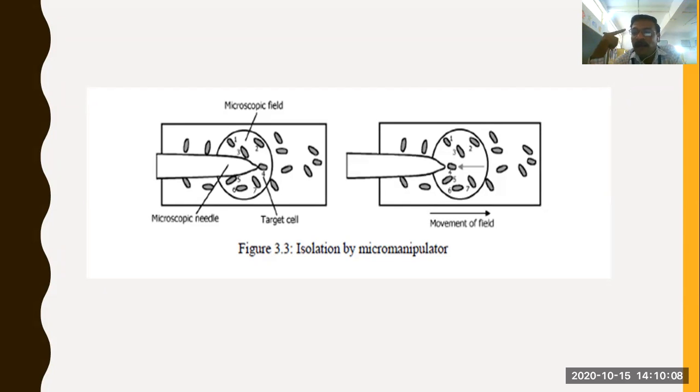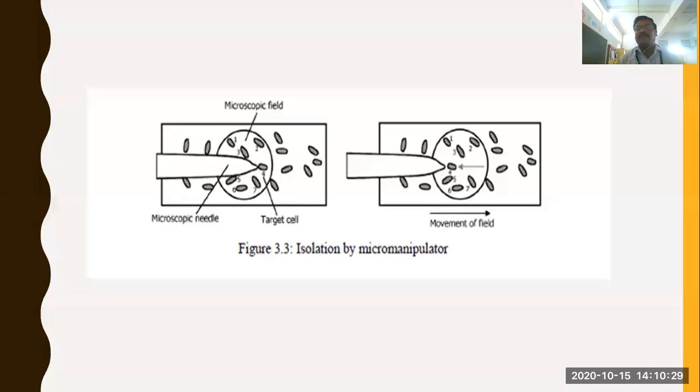From one end, the observer can observe the field, and from the other hand, you press the needle and, in the form of suction, give a certain pressure. Because of the suction, one or two microorganisms just enter.